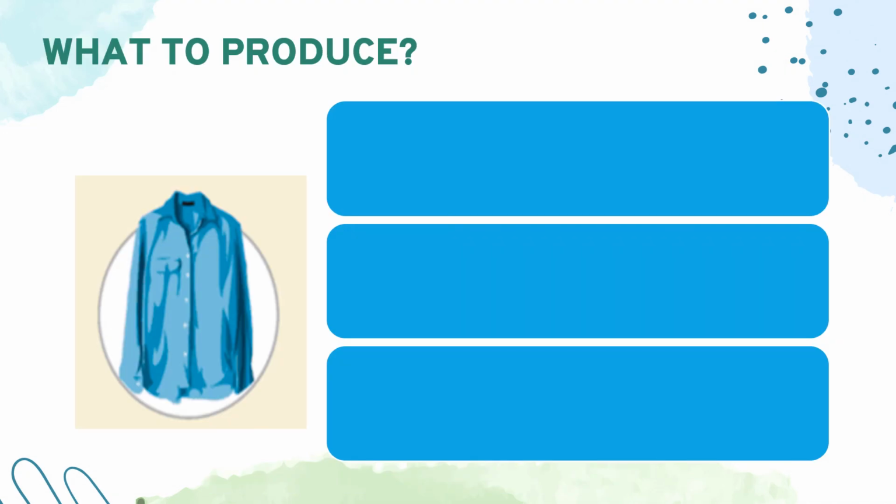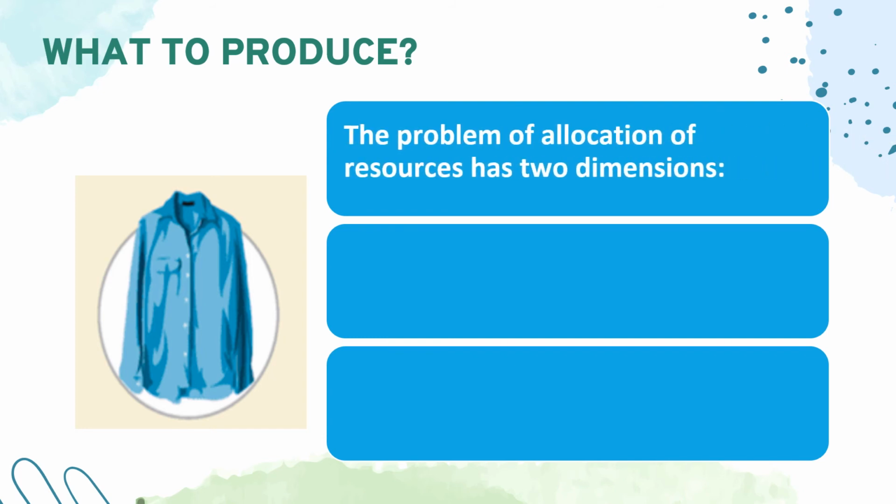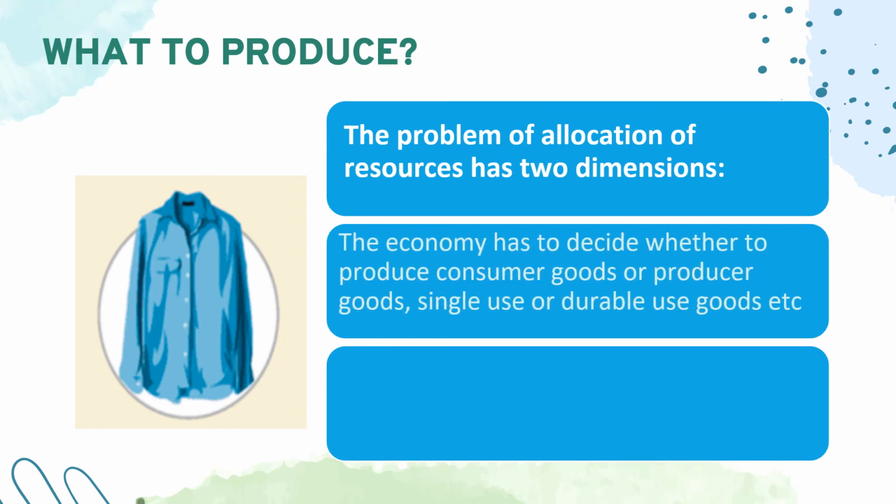Let us now look at the first central problem of an economy, and that is what to produce. It is also known as the allocation problem. The problem of allocation of resources has two dimensions. One, the economy has to decide whether to produce consumer goods or producer goods, single-use goods or durable goods, luxury goods or necessities or comfort goods.